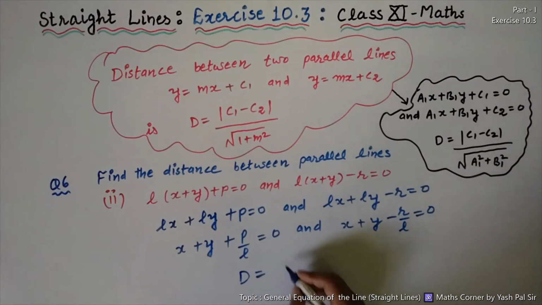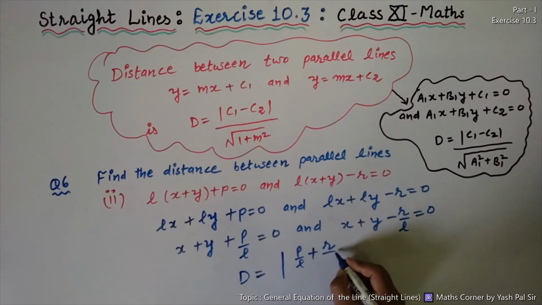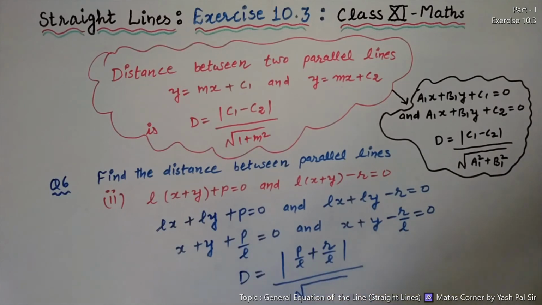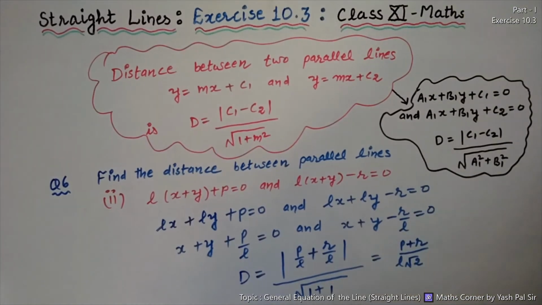Now what is the perpendicular distance? D is the perpendicular distance, modulus of p upon L, minus becomes plus r upon L, whole divide by square root of coefficient of x, which is 1, its whole square, 1 plus 1, which becomes p plus r divided by L square root of 2.